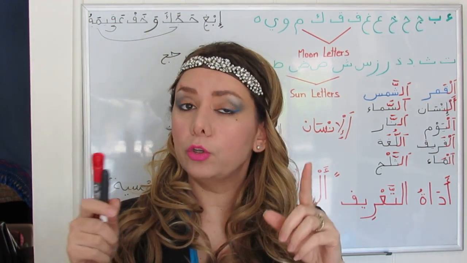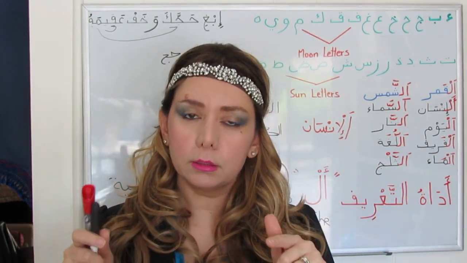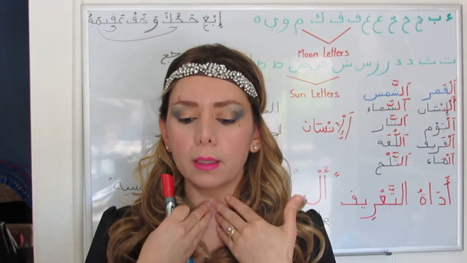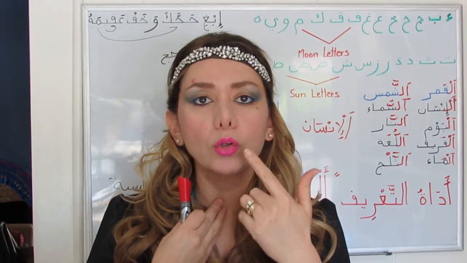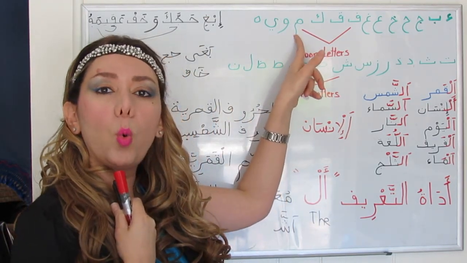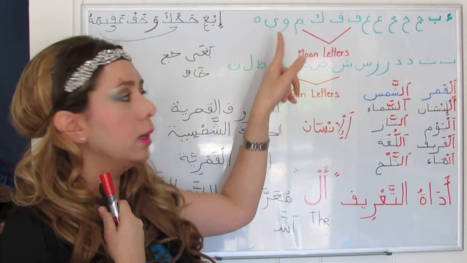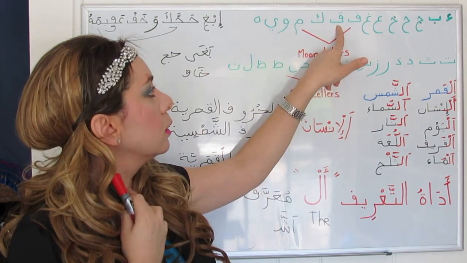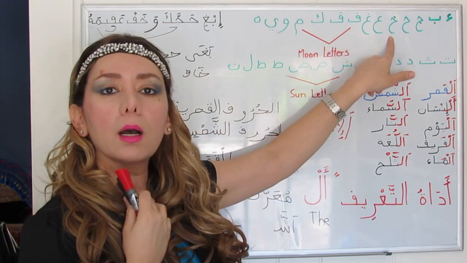While the moon letters, al-huruf al-qamariya, are pronounced further back in the mouth or on the lips. For example, the lips like mim, waw, ya, or here qaf, from the throat, qaf, kha.